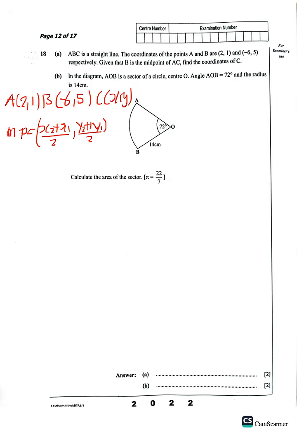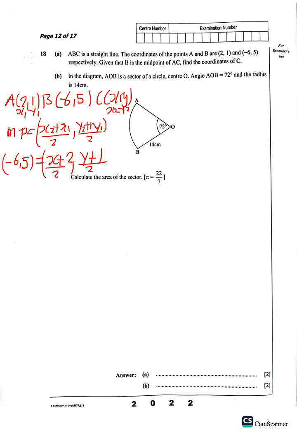So we have the coordinate for the midpoint, -6,5, is equal to... we'll consider this our x1, x2, y1, y2. So what is our x2? It is x plus 2 over 2, comma, and our y2 is y plus 1 over 2.